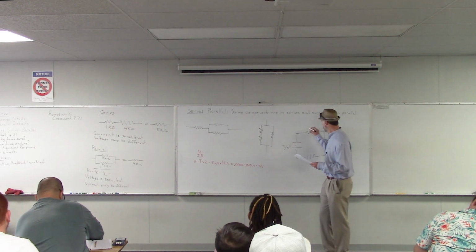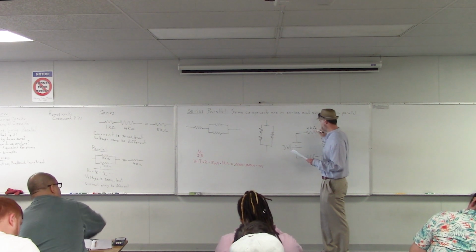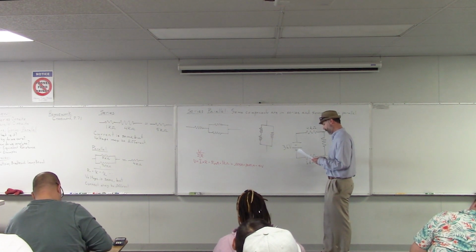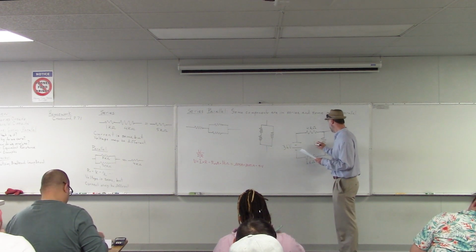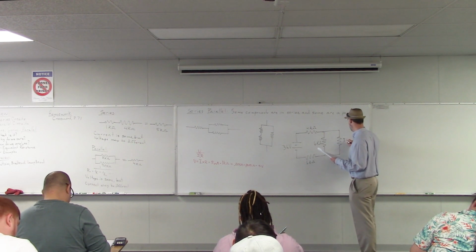So up here, we'll have a 4 kilo ohm resistor. Down here, 6 kilo ohms. Over here, 6 kilo ohms. And then 3 kilo ohms.